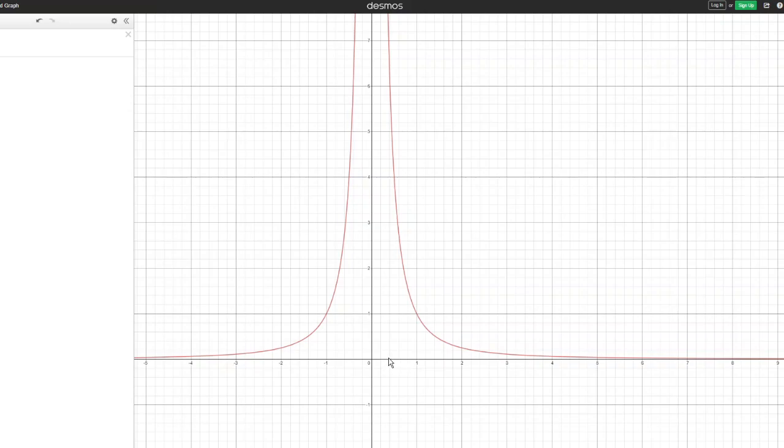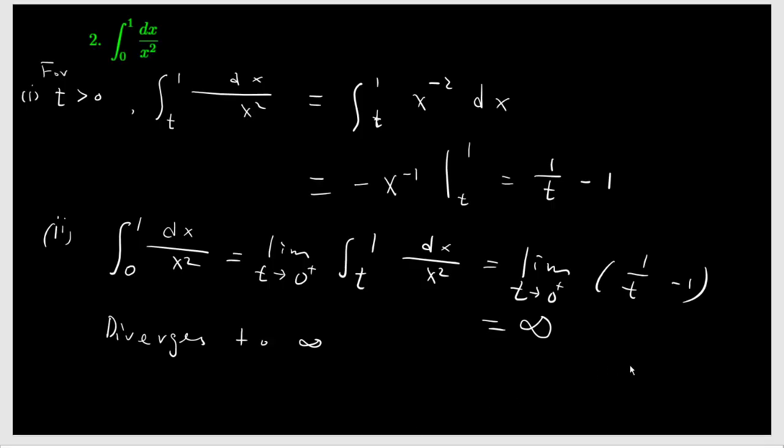This area is infinity. From the type 1 improper integral, the area to the right of 1 is, I think, a finite number. The area under the curve to the left of 1, from 0 to 1, is infinity. Okay, so that's the answer to question 2.